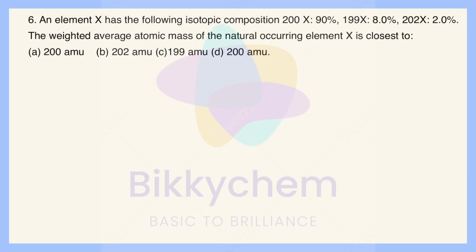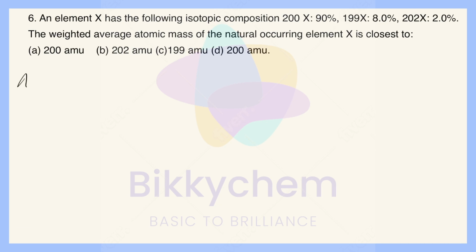Okay, the next question is to find the average atomic mass of the naturally occurring element X, whose isotopic composition is given here. It's a very interesting question.